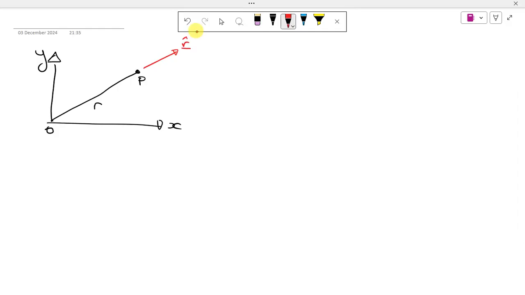This is a unit vector. So if you're familiar with unit vectors, you should be all right with this. So it has a unit radial vector pointing outwards and perpendicular to the motion. Well, perpendicular to the radial vector, I should say.